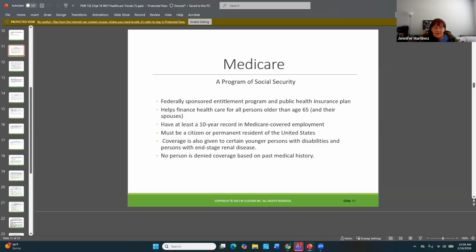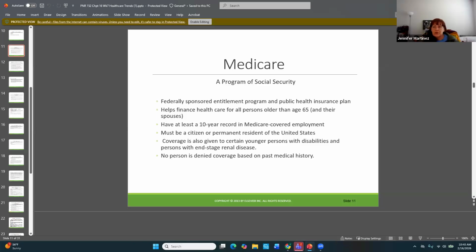So what does that mean? That means you had to have a job that pays into Medicare for at least 10 years. It doesn't have to be 10 consecutive years. It has to be 10 years where you have paid into Medicare. Then when you turn 65, you are eligible for Medicare.